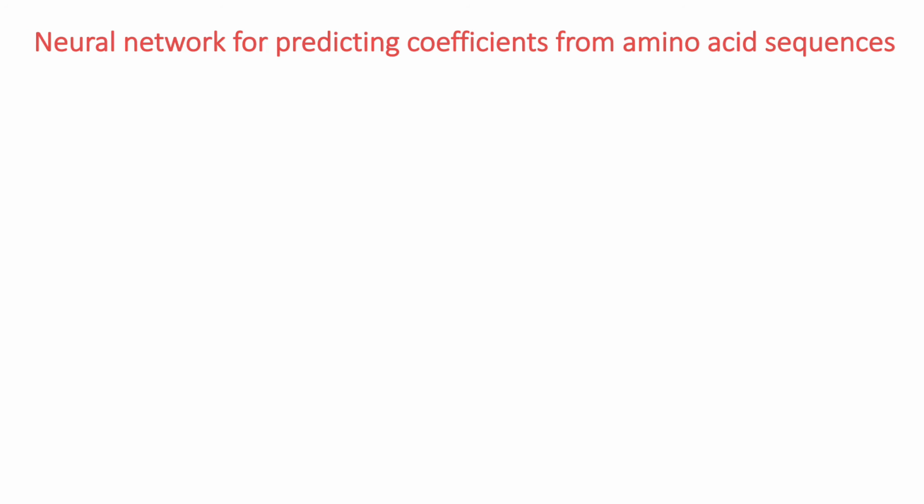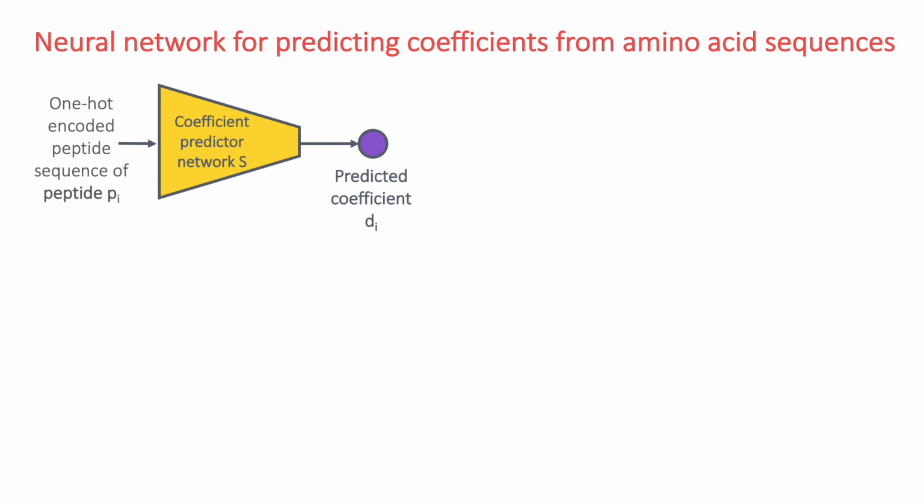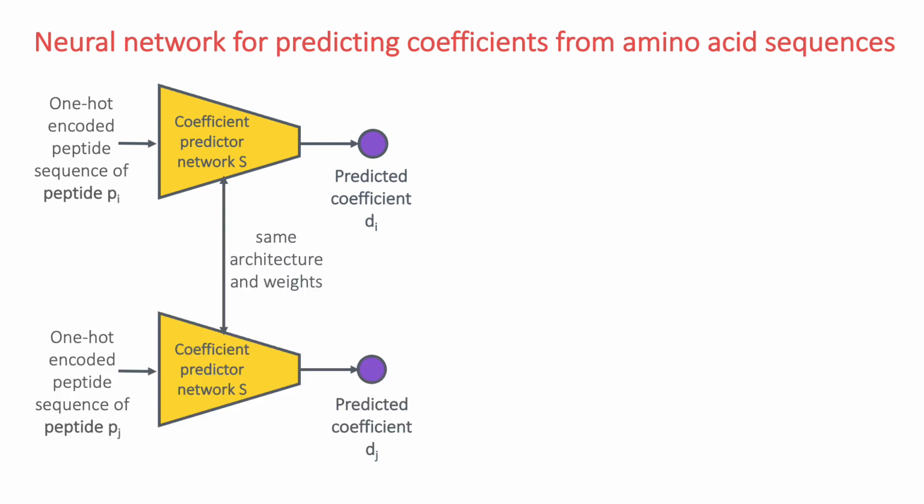We define a coefficient predictor network that takes as input a one-hot encoded peptide sequence and produces as output a coefficient d_i. We then parameterize a deep neural network model with a Siamese architecture. So this means that we have two copies of this coefficient predictor network, and these two networks have the exact same architecture and weights.